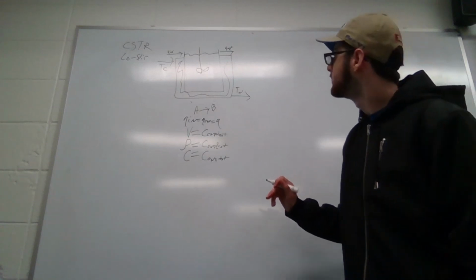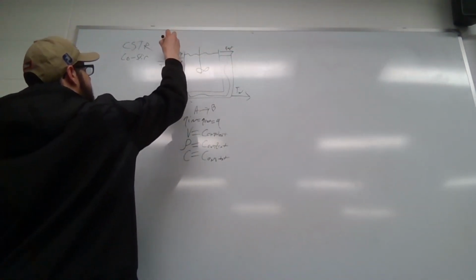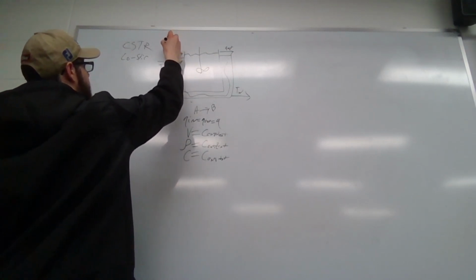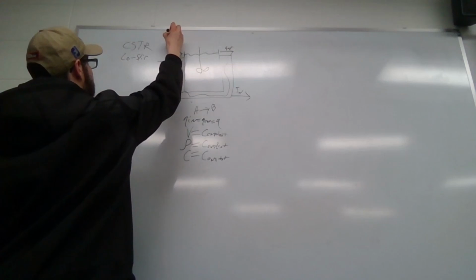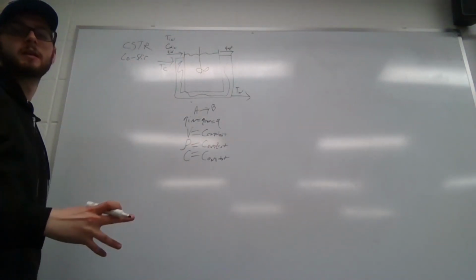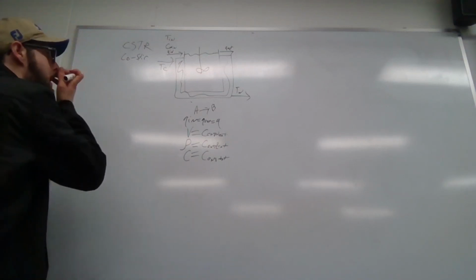Then we also have a concentration of A going in, because you need A to react. We also have it at a certain temperature in, because we have to account for temperature since we're doing an energy balance. Last homework was just materials.